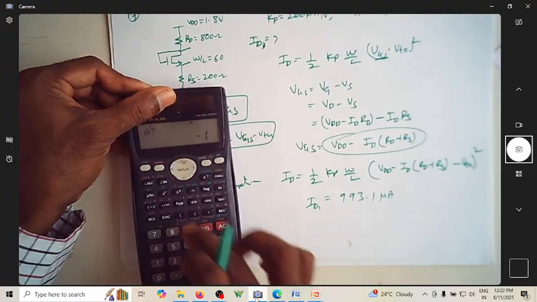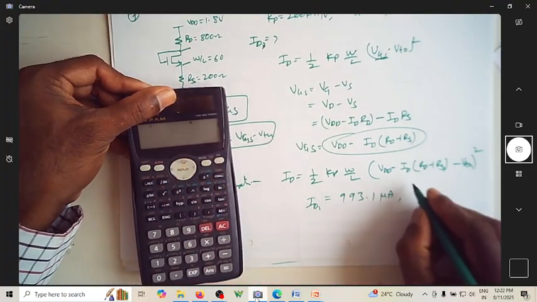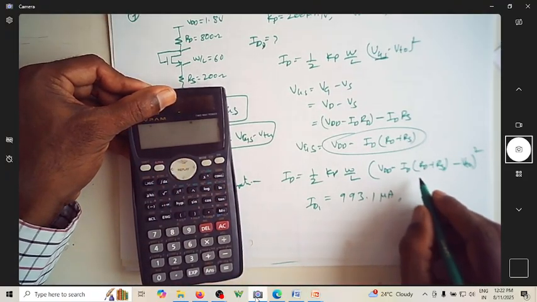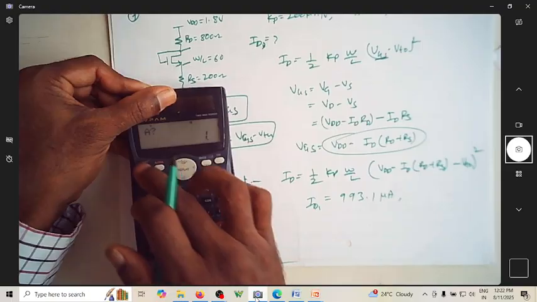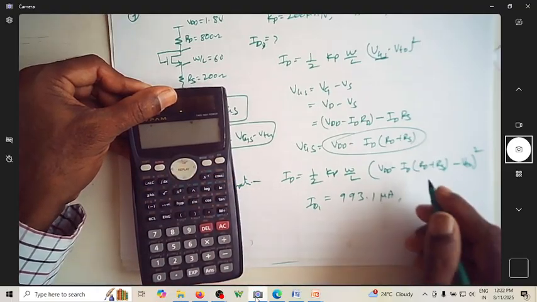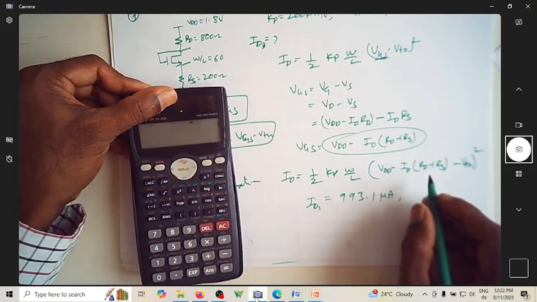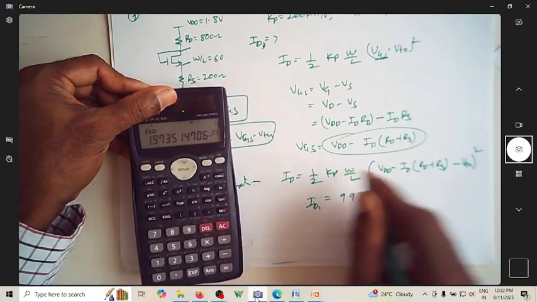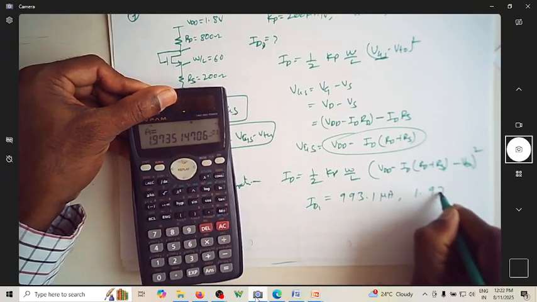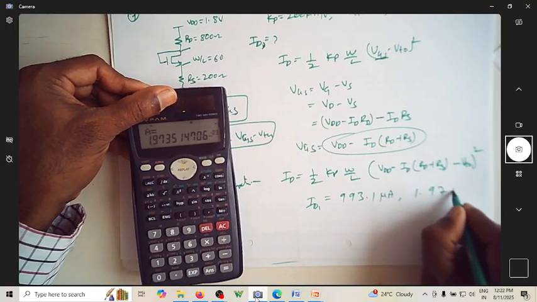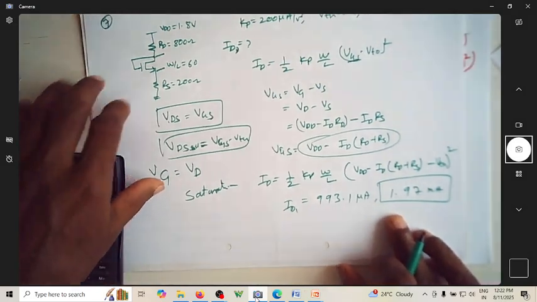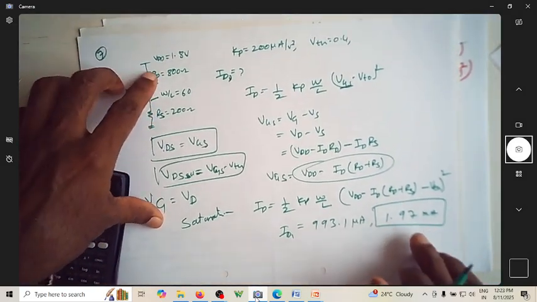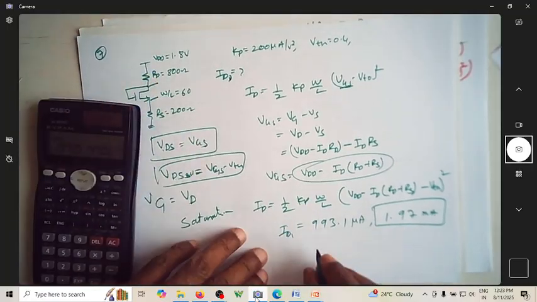The other one is maybe a larger current, which is 1.97 milliamperes. So naturally 1.97 milliamperes is impossible, so what is VDS?